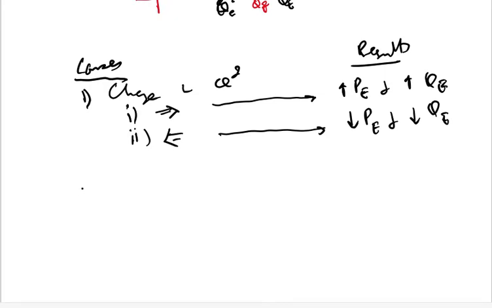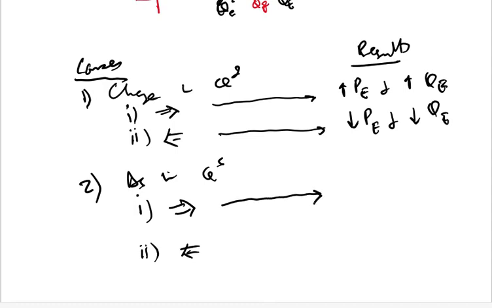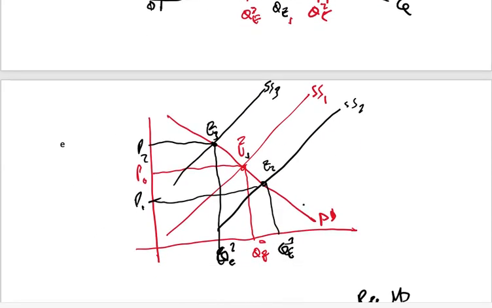And then what are the causes? The second cause is the changes in quantity supply. And again, we have rightward shifts in supply and leftward shifts in supply curve. So we can also take note from the graph what has happened. This is a rightward shift, and this is a leftward shift.